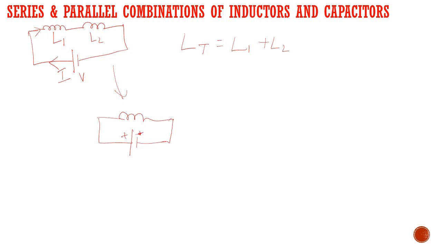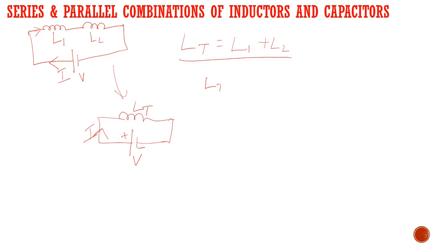And this is supply voltage V, and this is the current flowing here, and this is LT. So this circuit can be replaced by this circuit. This is series combination of inductors. So the total inductance can be written as the sum of individual inductances.